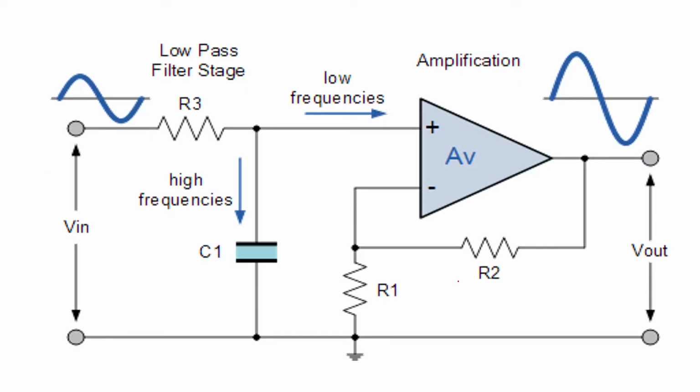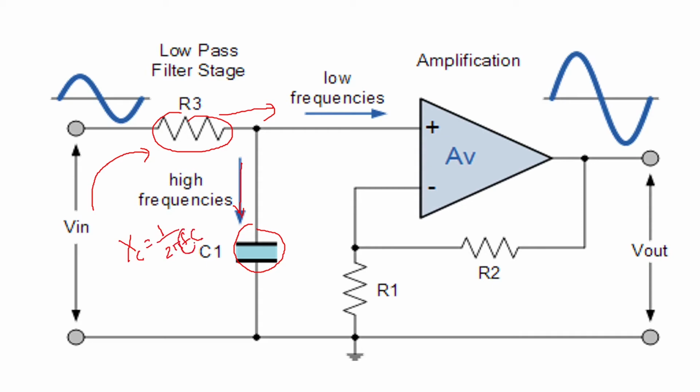So here, if you see again the practical type of circuit, you are doing filtering here. This is R in series with the input, and this is C, which is in parallel with the input. Low frequencies will pass through here, and high frequencies will pass through C, because the impedance provided by C will be very low for high frequency, because the impedance of C, XC, is equal to 1 by 2 pi FC.